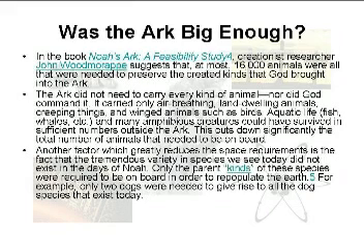Was the ark big enough? Oh, yes. In the book Noah's Ark: A Feasibility Study, creationist researcher John, you can pronounce that last name, suggested that at most 16,000 animals were all that would be needed to preserve the kinds created that God brought into the ark. Now, I'm going to summarize this. Basically, he's saying you don't have to bring a German Shepherd and a Poodle and a Great Dane. You can just bring one dog of each sex, or 7 if they're clean.